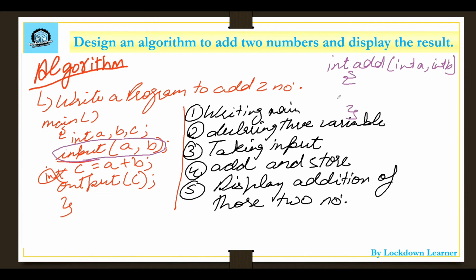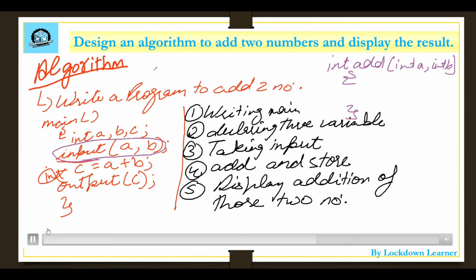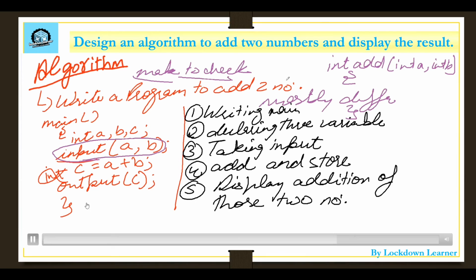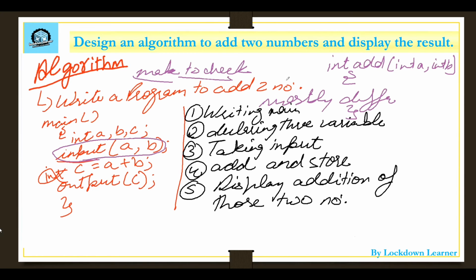There are so many algorithms for so many programs. If I said make a program to check leap year or something else, mostly students have different approaches, you can say different algorithms, because the way of thinking is not the same.